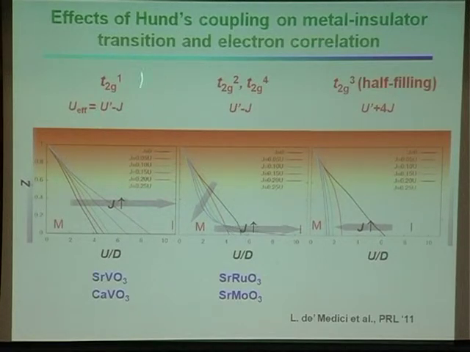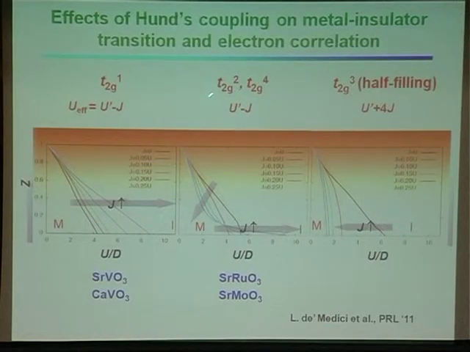Okay, so for d1 with increasing J, Z gets bigger, which means correlation becomes weaker. And for half filling, if we increase J, the effective U increases, so correlation increases, Z gets smaller, and the critical point is shifted in the opposite direction.